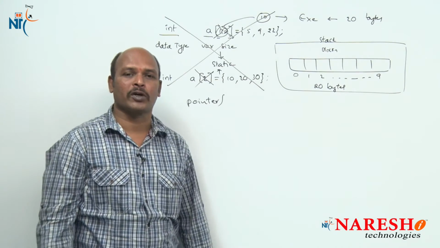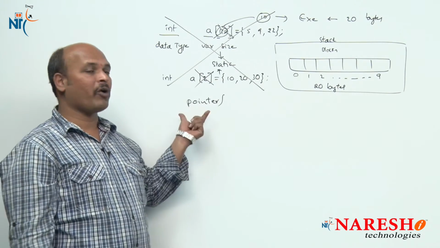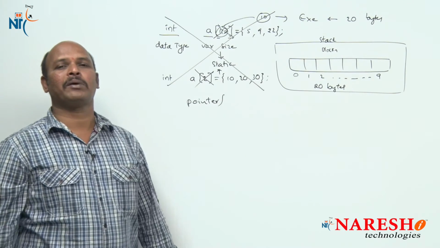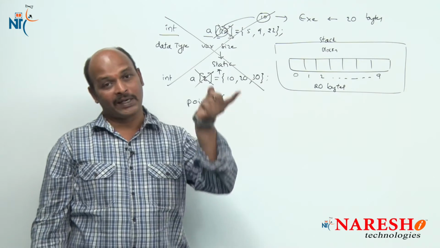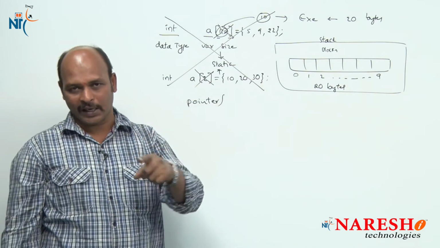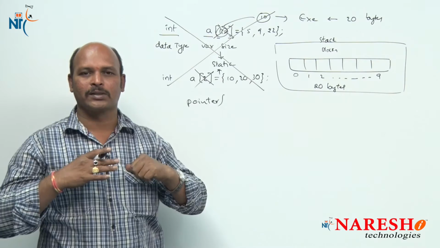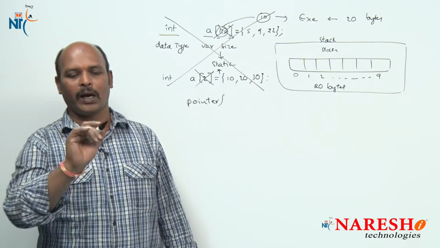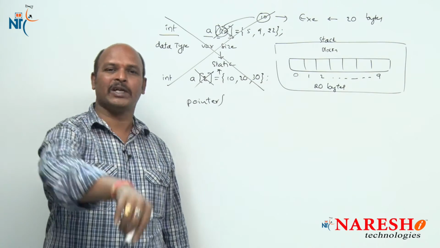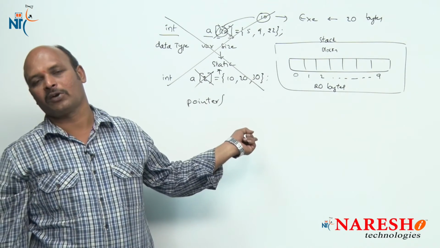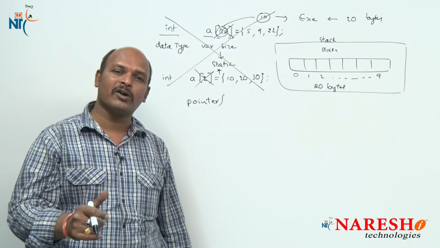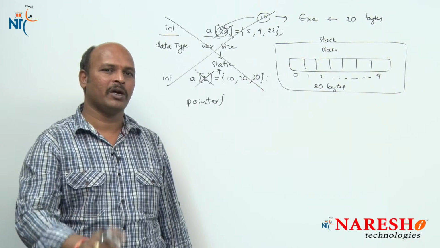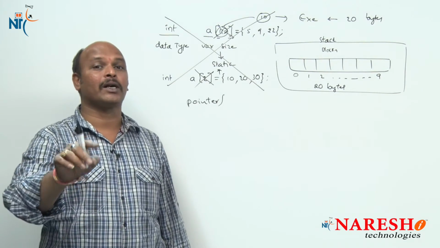In runtime memory allocation we have to use pointers, then only dynamic memory allocation is possible. At runtime, not compile time, the user enters the size. For example, my requirement is 5 integers, so I enter 5, and immediately the memory is allocated at runtime.